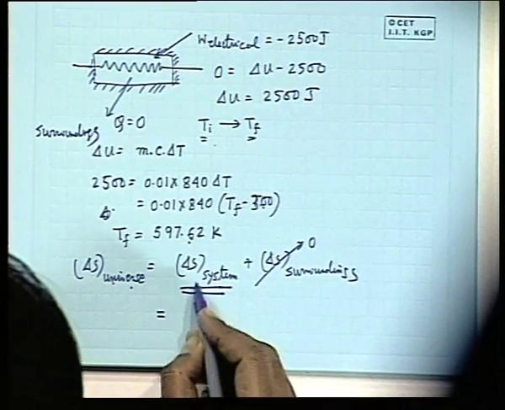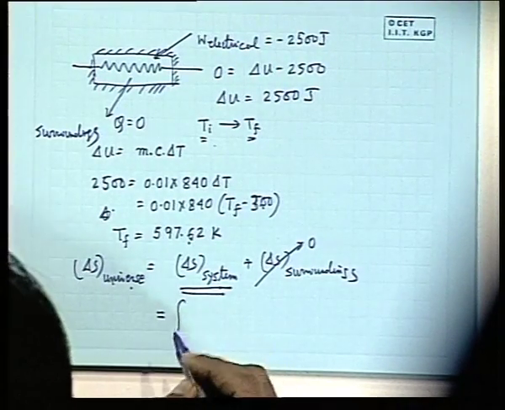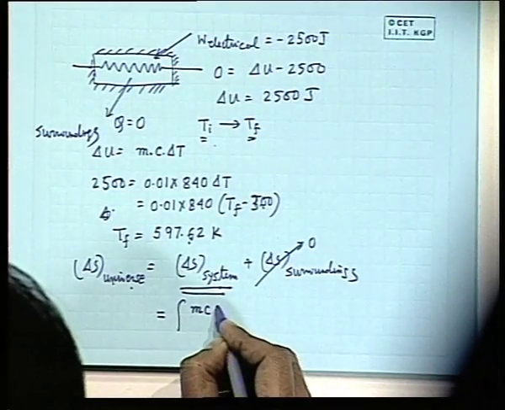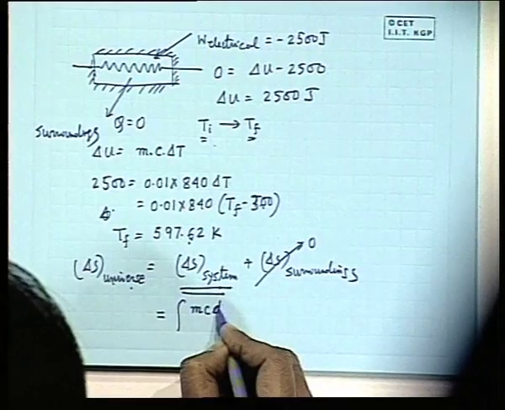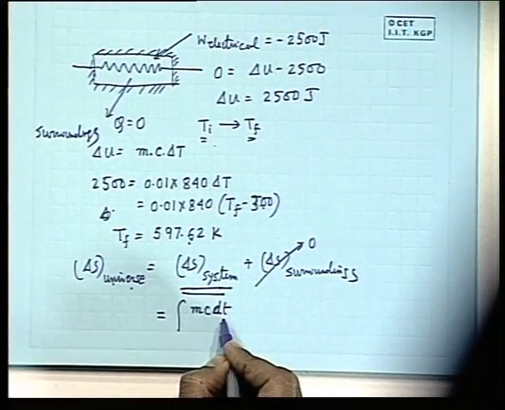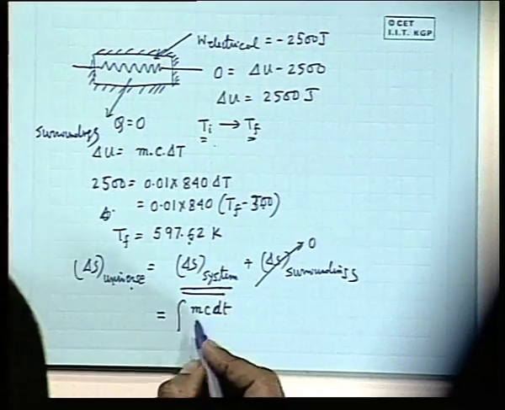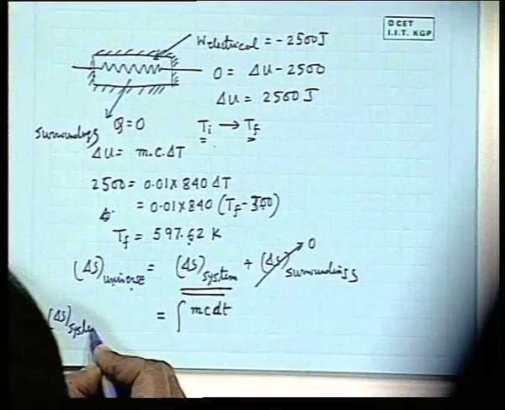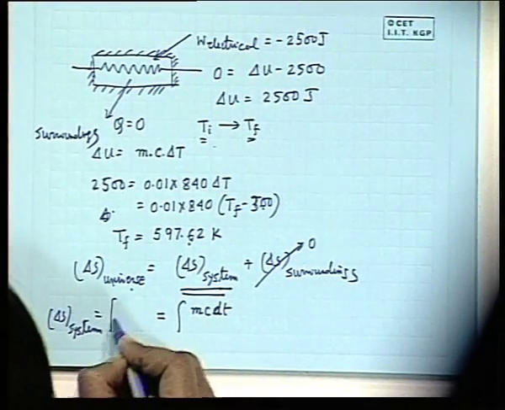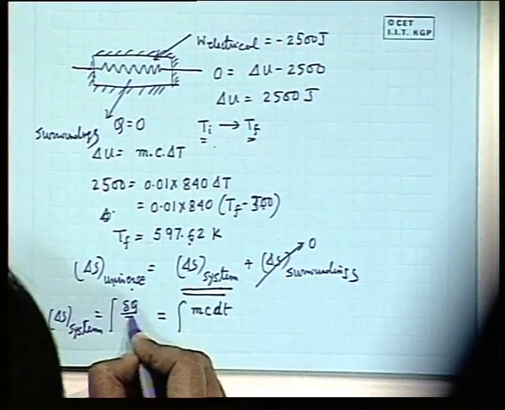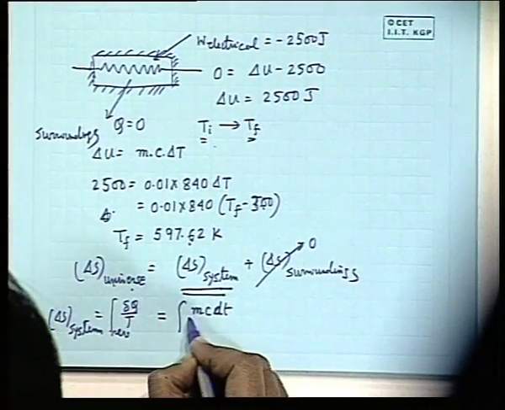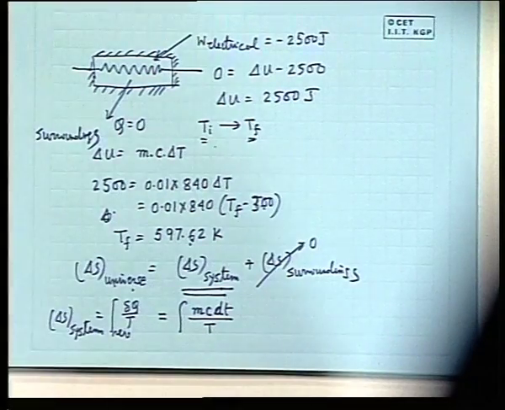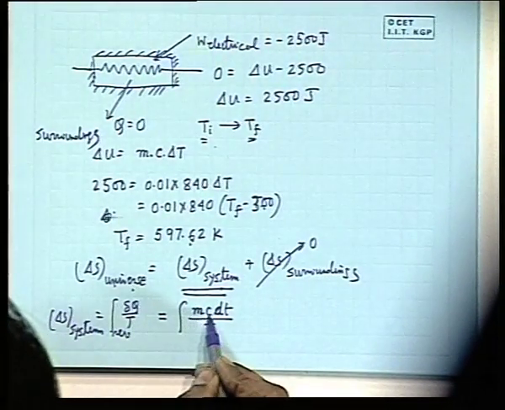So, delta S system we can write, as I have done earlier, by considering a reversible heat transfer process. This is nothing but the integration of delta Q by T for the reversible process. The heat addition is mc dt, a small temperature difference, you give a reversible heat transfer. So, that magnitude becomes mc dt.